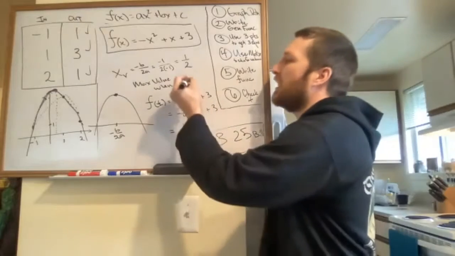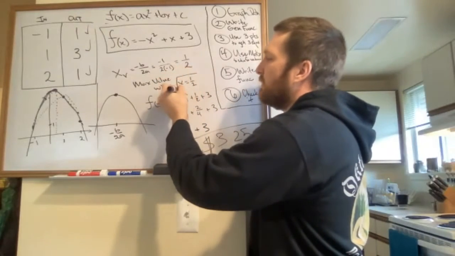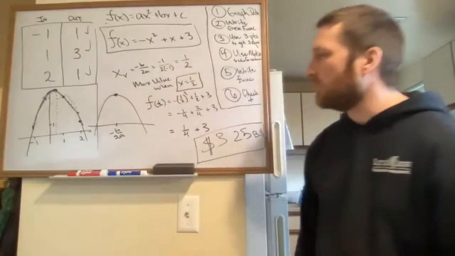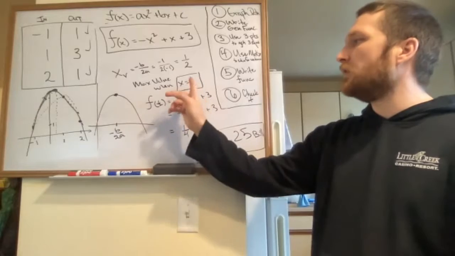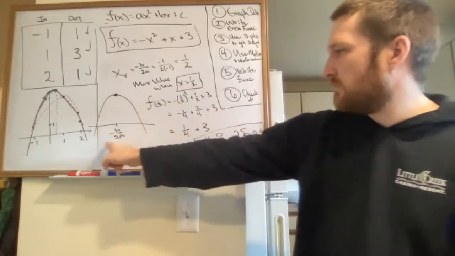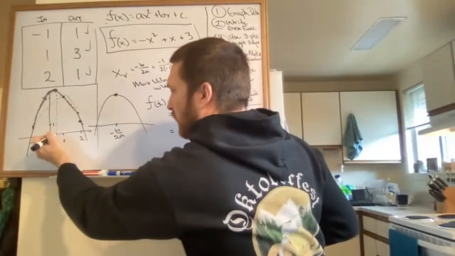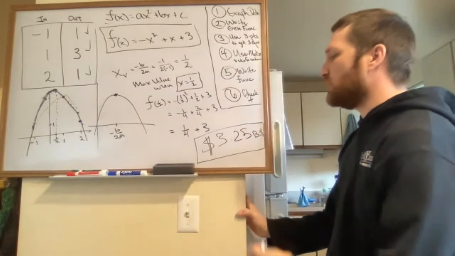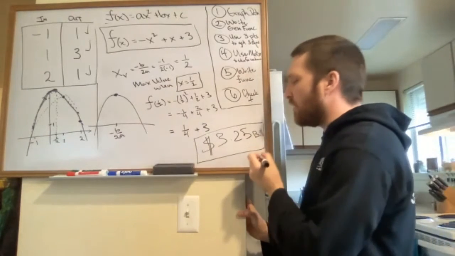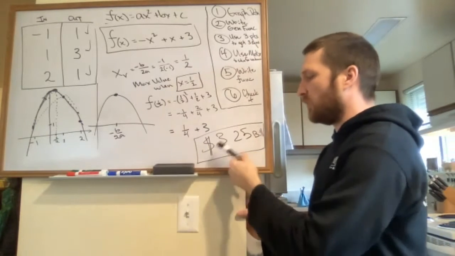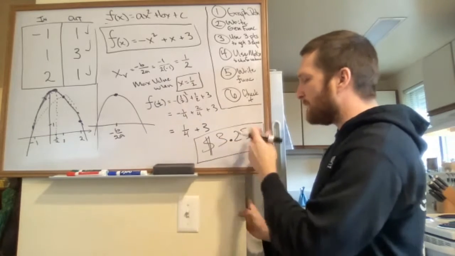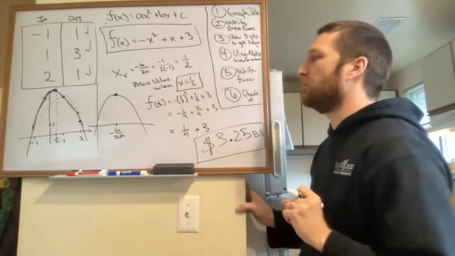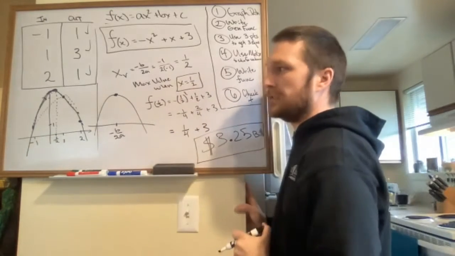So I would tell my boss, hey, if you want to maximize our revenue, go and produce 500,000 widgets, 1/2 million widgets. And we can expect that our revenue will be $3.25 billion if we produce 500,000 widgets.